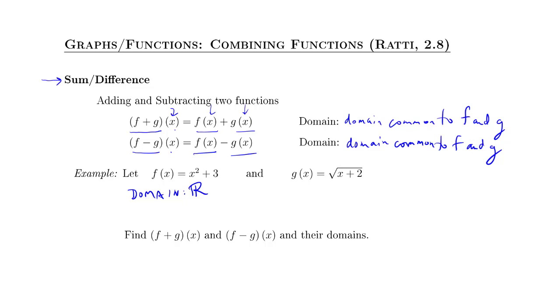G of x, on the other hand, if we're going to stay in the reals, we can't have negatives under that square root. So we can start with -2 and go all the way to infinity. So our domain would be -2 to infinity, and that will avoid any negatives under the square root.